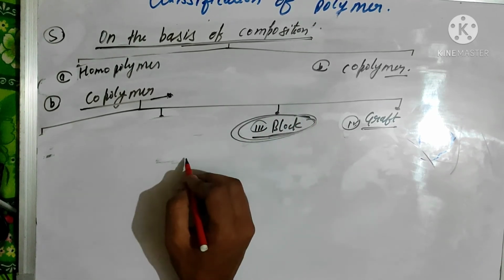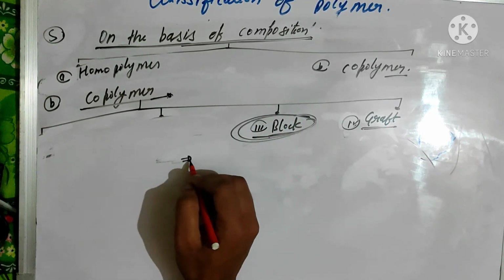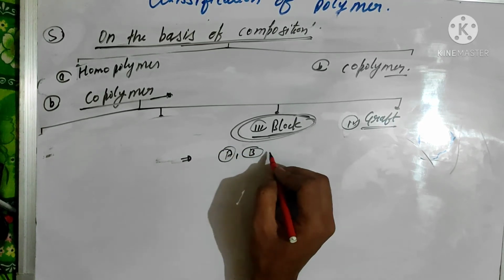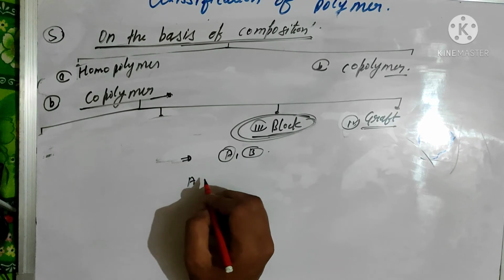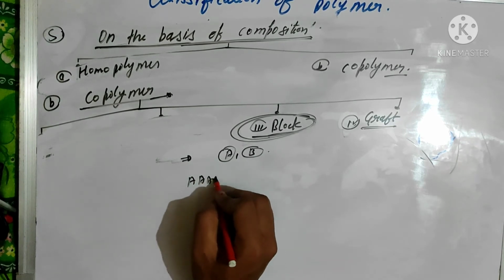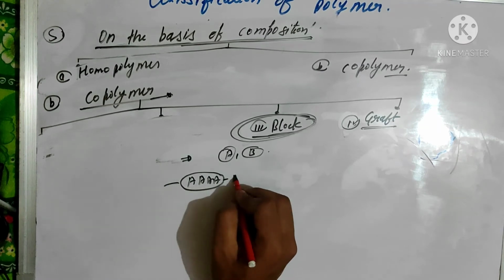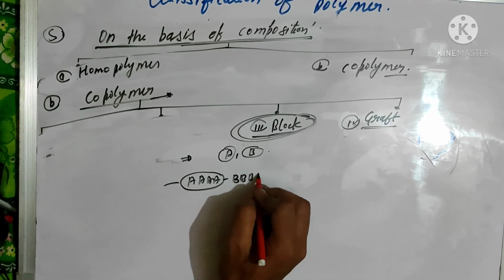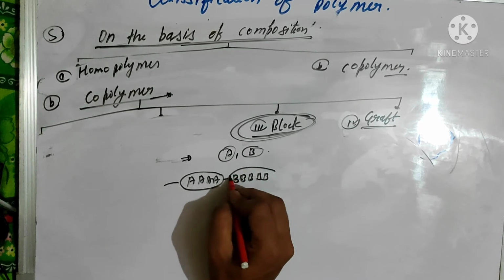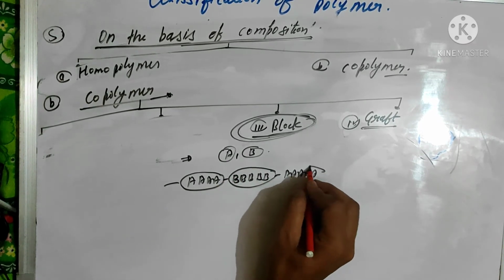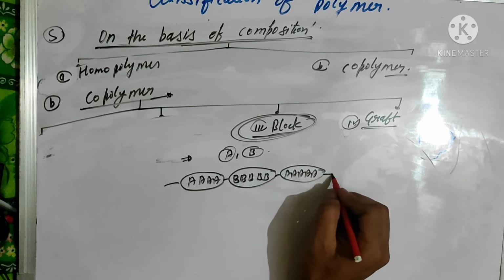In a block copolymer, monomers are arranged in blocks. That means when A and B are the monomers of a polymer, the monomers are arranged in blocks. You can see the block of monomer A, then a block of monomer B, then A again.